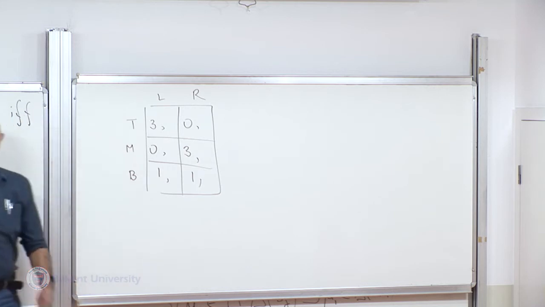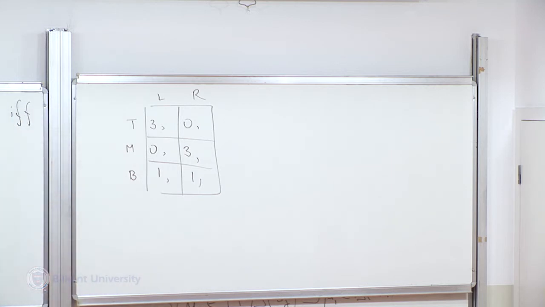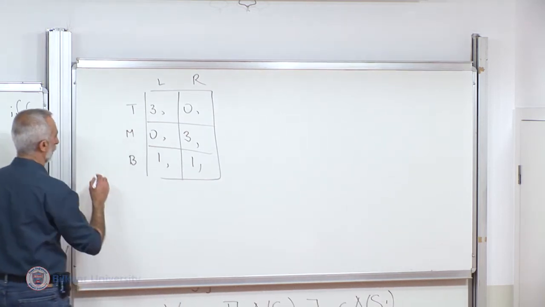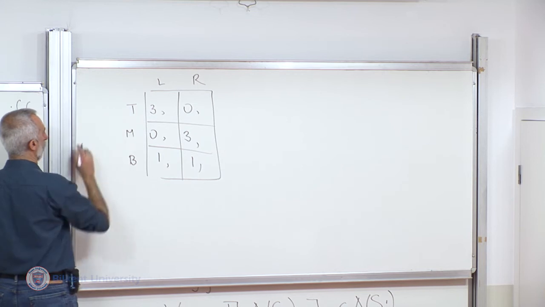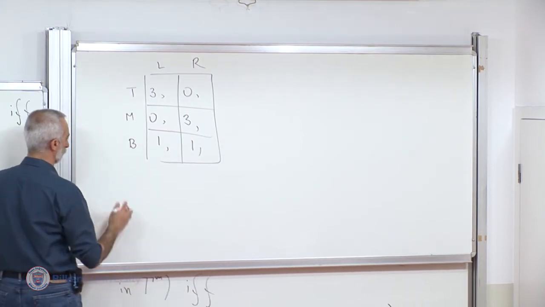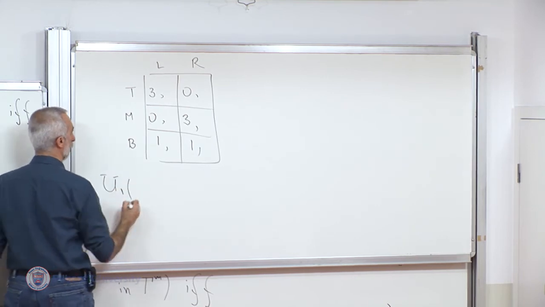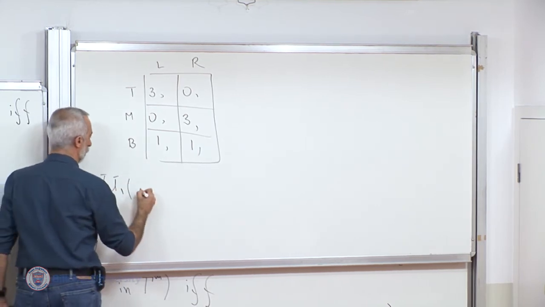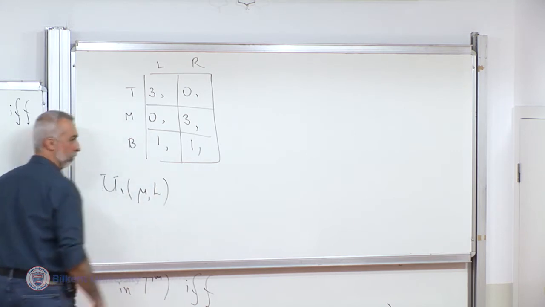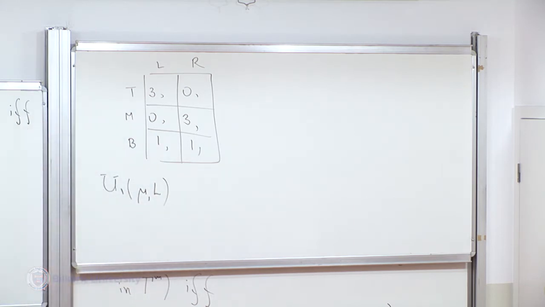Take this game. Okay. So U1 of mu1, L. I'm checking against a pure strategy of player 2.